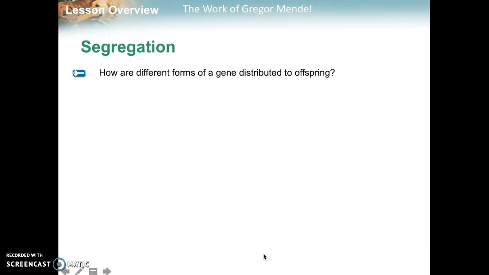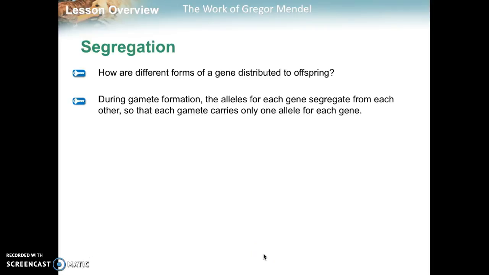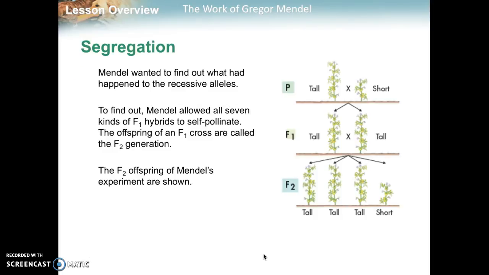So how are the genes distributed to offspring? That's where the principle of segregation comes into play. The alleles for each gene segregate from each other so that each gamete, or sex cell, carries only one allele for each gene. So as you can see, the first generation has a tall true breeding plant being bred with a short true breeding plant, which produces 100% tall plants, but they will all be heterozygotes, which means that they have two different alleles.